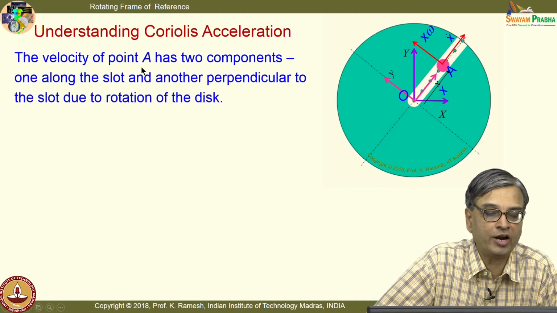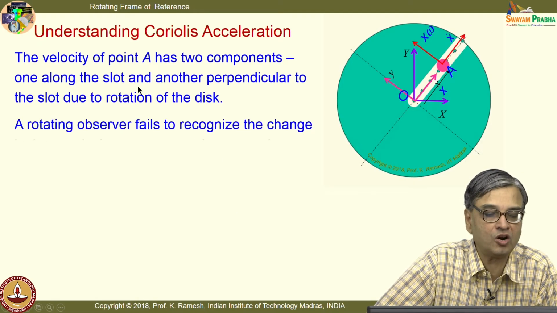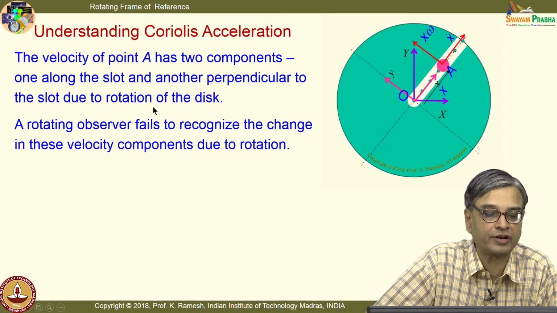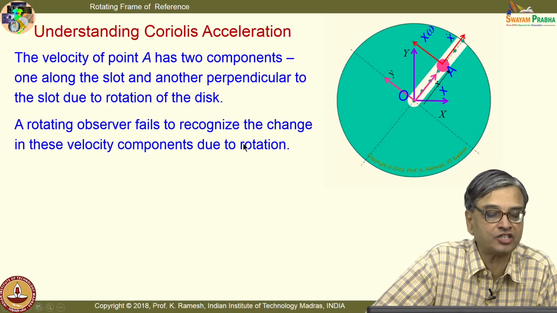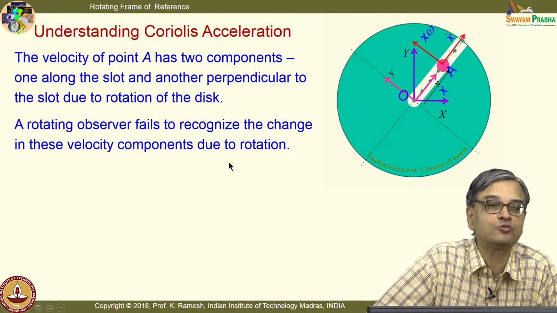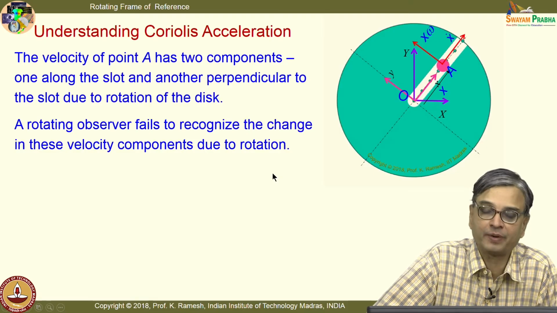So, the velocity of the point has two components, one along the slot and another perpendicular to the slot due to rotation of the disk. A rotating observer fails to recognize the change in these velocity components due to rotation, which is what I had explained.